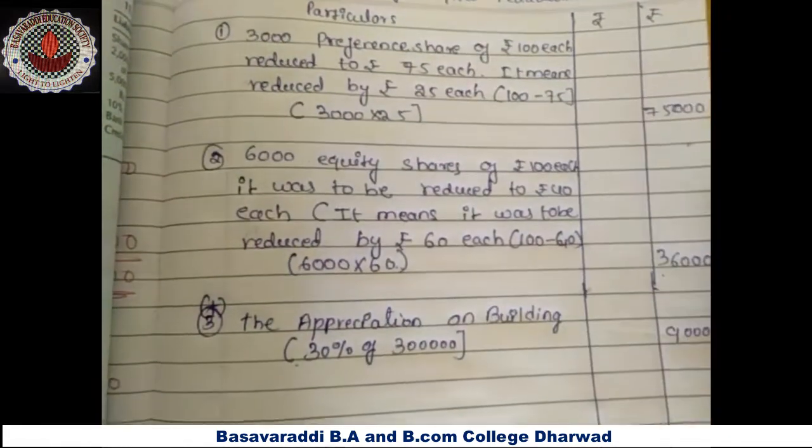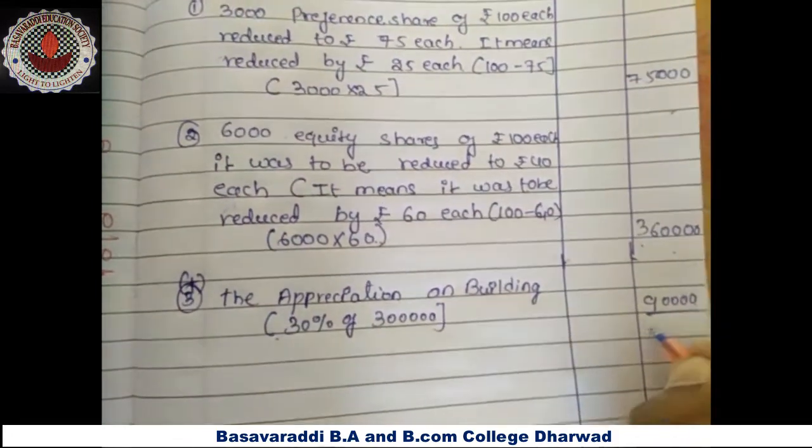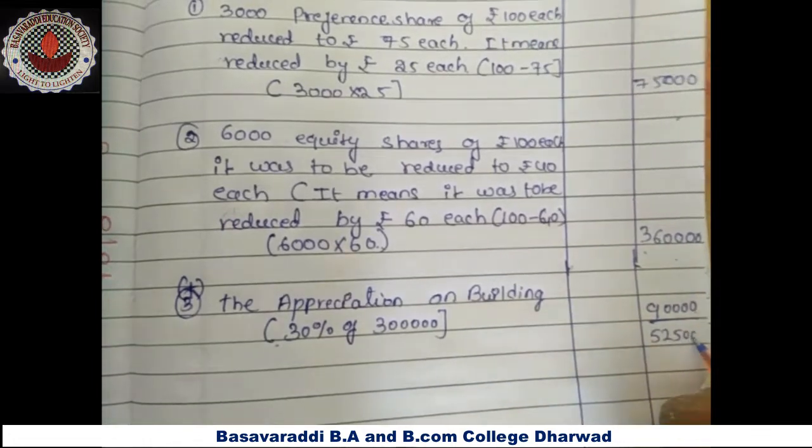Total 75,000 plus 3,60,000 plus 90,000 is equal to 5,25,000.